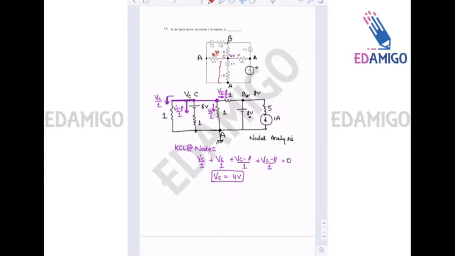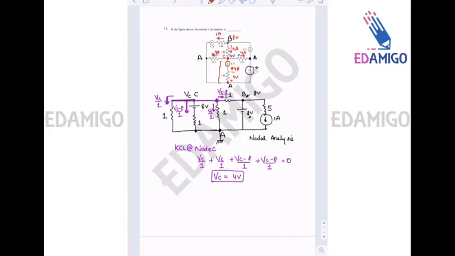The current in this branch will be incoming 4 amperes. Because here it is an 8-volt battery, and at this point it is 4 volt and this is grounded. So the voltage drop across this resistance will be plus at the bottom, minus at the top, that is 4 volt. This will be 4 amperes. And this is 8 volt, this is 4 volt. So current will flow from top to bottom, that is 4 amperes. Okay. 1 ampere is going in this direction.